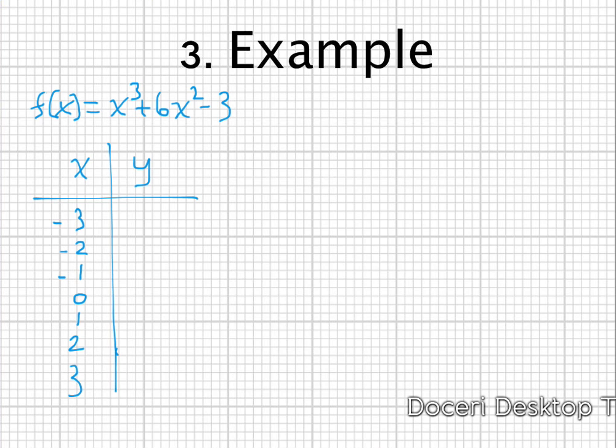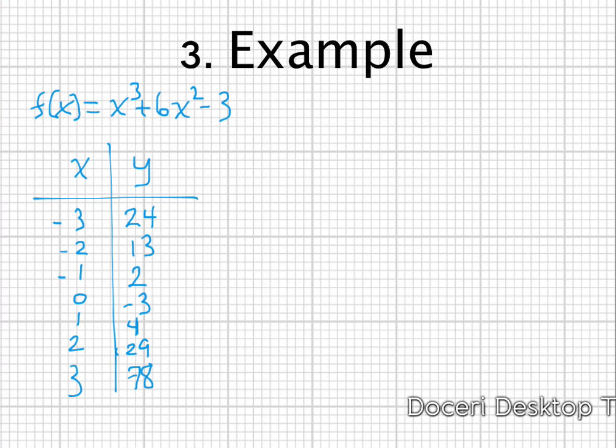When I work this out, I'm going to get positive 24 here. -2 is going to give me positive 13. -1 gives me 2. 0 gives me -3. 1 gives me 4. 2 gives me 29. And 3 gives me 78.